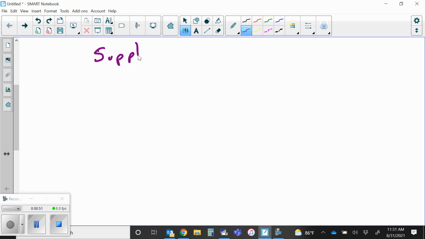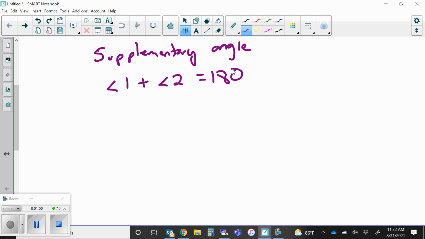Supplementary angles are two angles that add up to 180 degrees. So it would be like this angle over here, which is 30 degrees, this angle over here, which is 150 degrees. We would say that these two angles are supplementary because together they make 180.